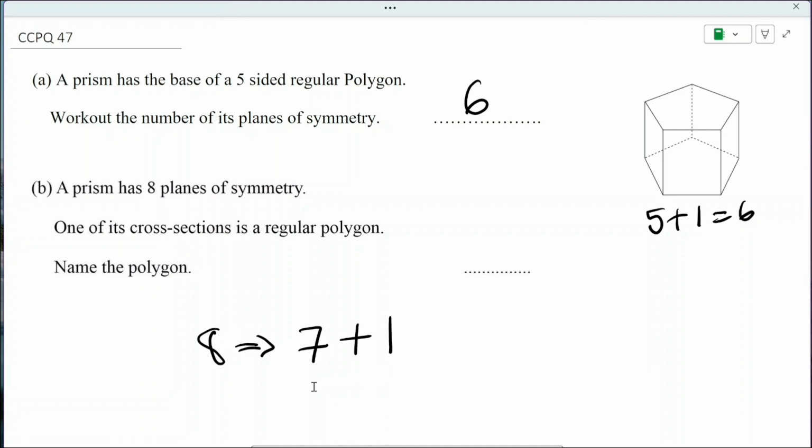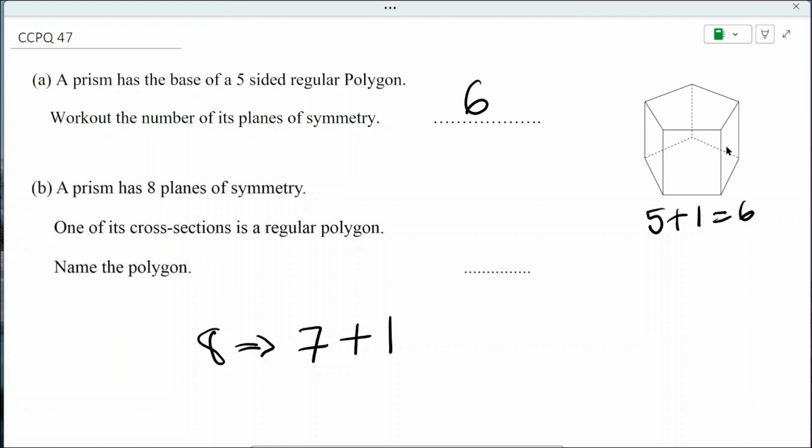This 7 tells you the regular polygon that the prism is made from. Then this extra 1 is the plane of symmetry that divides it into 2 at the middle here. Let's say we cut this shape into 2 at this point.